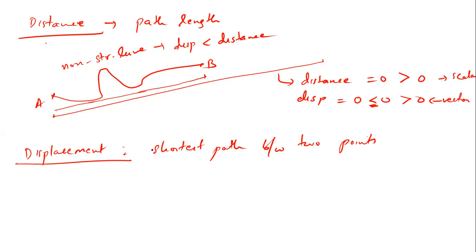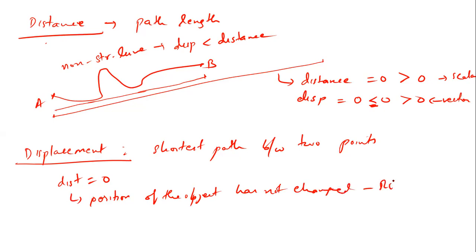It does not have any direction. When I say distance is equal to 0, that means the position of the object has not changed. Or you can just say the object is at rest.